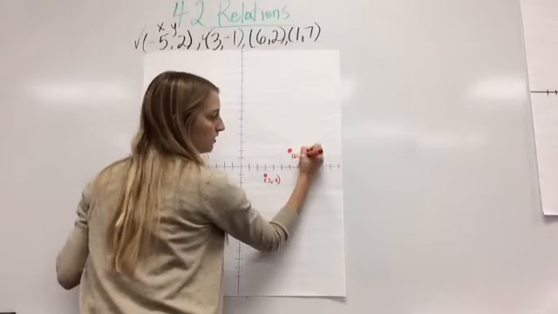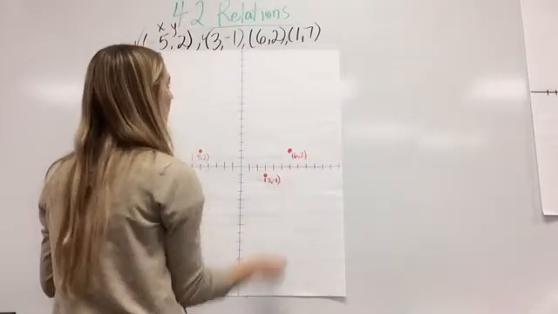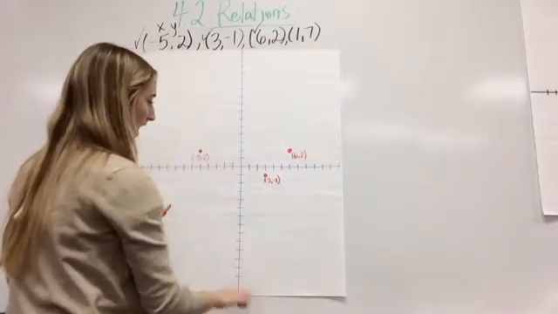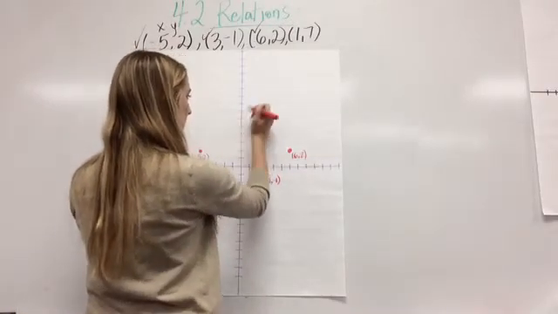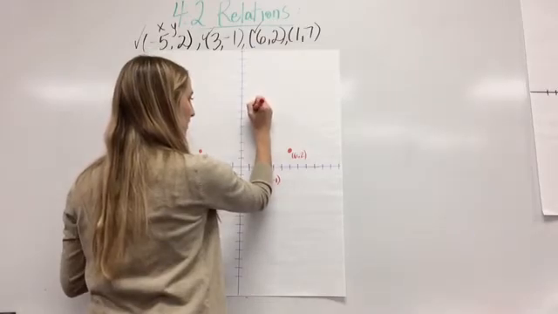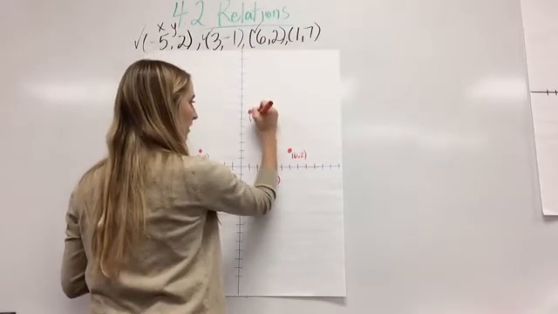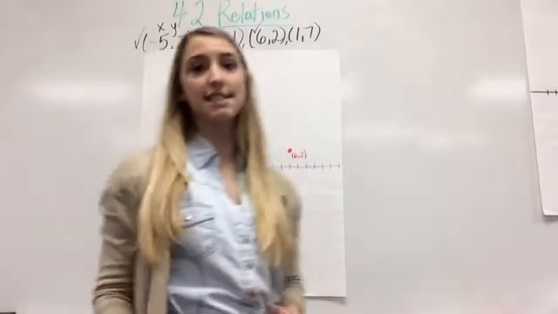So that is 6, 2. And 1, 7. 1, then 1, 2, 3, 4, 5, 6, 7. Okay, it's as simple as that.